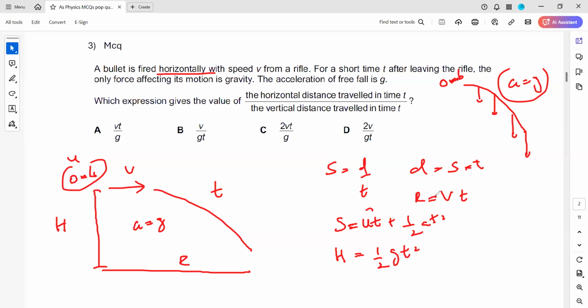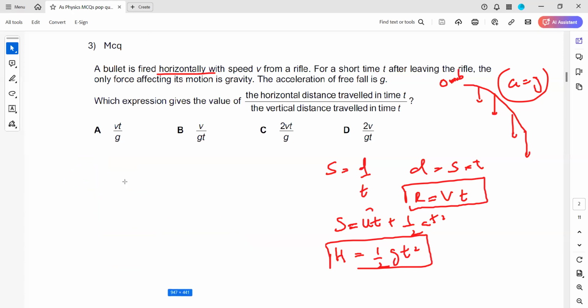Now we just have to simplify because we need the ratio between the horizontal and the vertical distances. So the horizontal distance is r and the vertical distance is h. The horizontal distance is v multiplied by t and the vertical distance is half gt square. Now we simplify this equation. This t will cancel with the square, and this 2 is a denominator of a denominator, so it will move to the numerator.